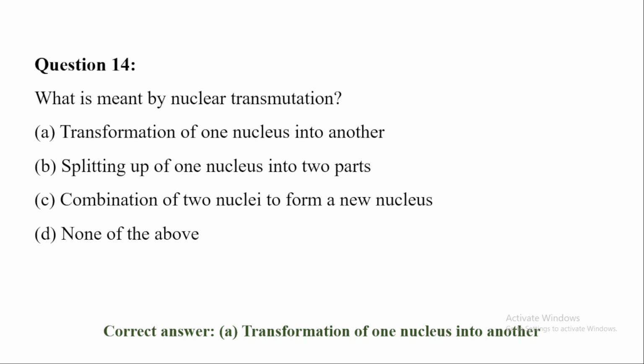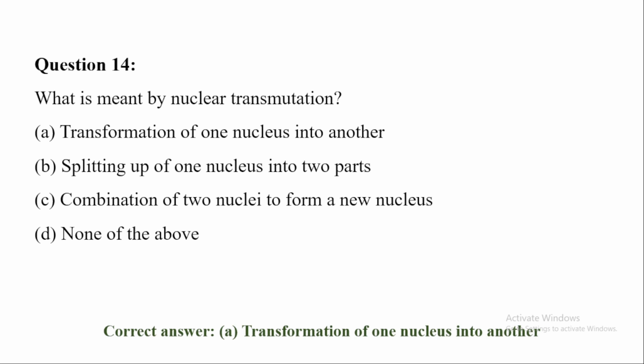Any idea? Splitting up of one nucleus into two parts is called nuclear fission. It's a radioactive reaction. One nucleus splits into two different nuclei, so it is called nuclear fission.